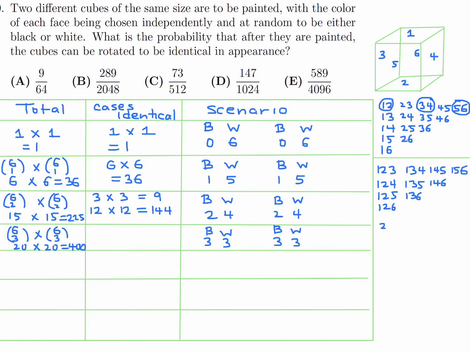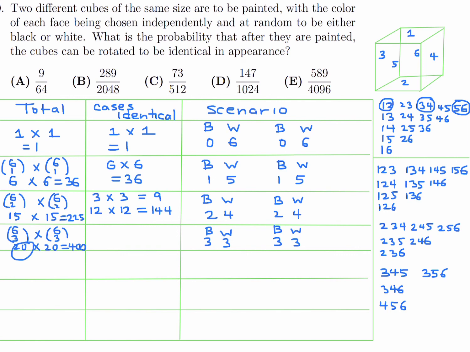Then we have 2, 3, 4, 2, 3, 5, 2, 3, 6. And then we have 2, 4, 5, 2, 4, 6, and then 2, 5, 6, 3, 4, 5, 3, 4, 6, 4, 5, 6. And then 3, 5, 6 is one that I kind of skipped over. All right, so that's 20.